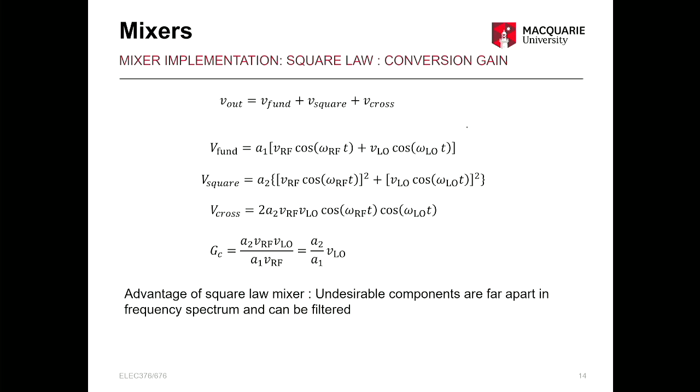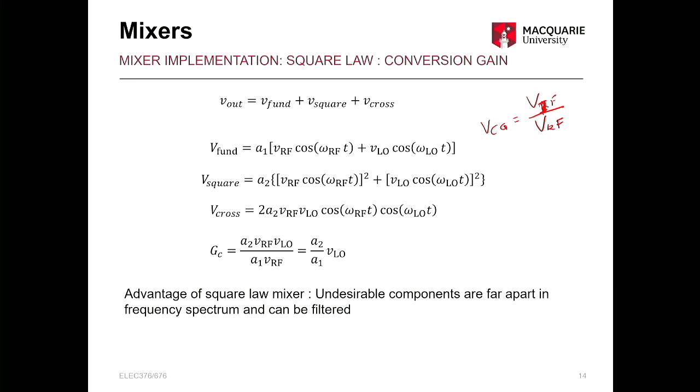So the voltage conversion gain is always the amplitude of the IF, or the output, divided by the amplitude of RF, which is the input.